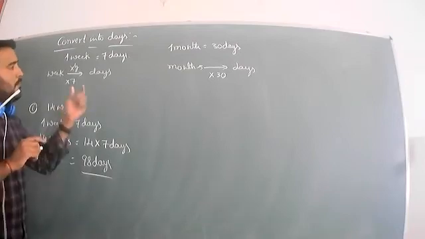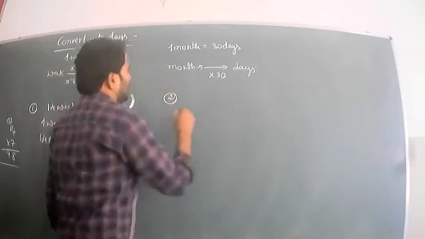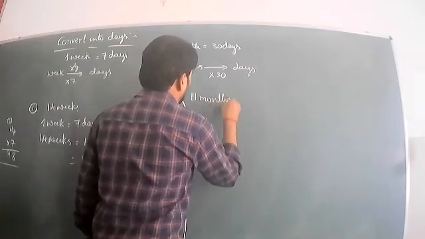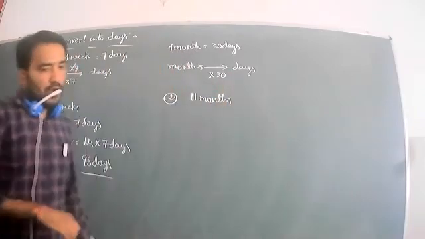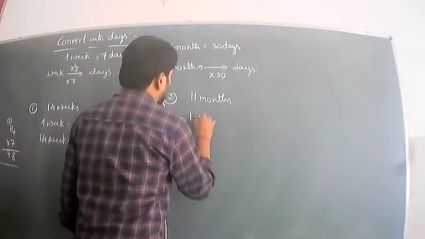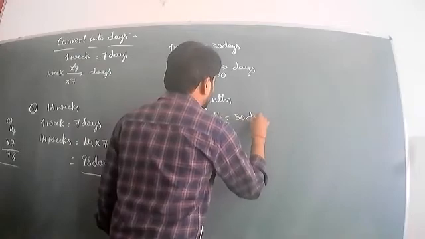Let us go for months. Second example. Okay, 11 months. How to convert it to days? So let us find out. 1 month equal to 30 days.